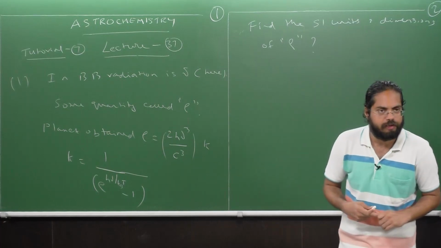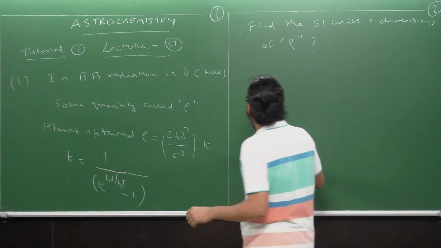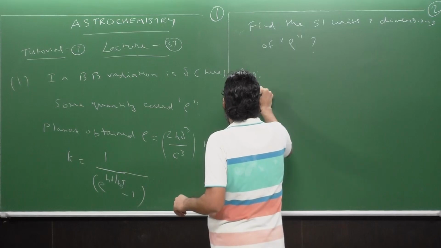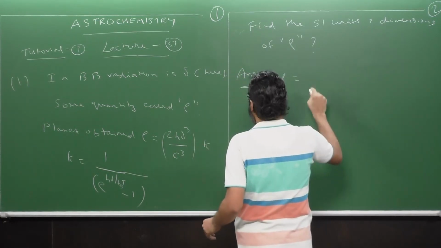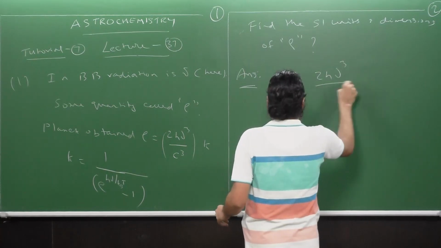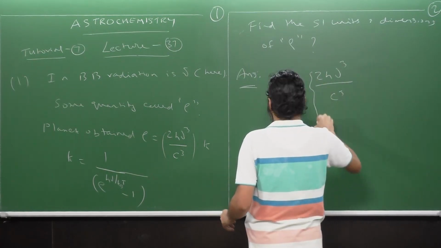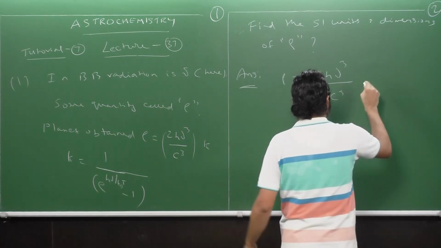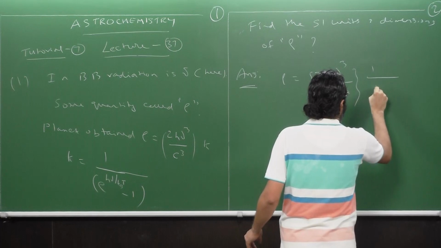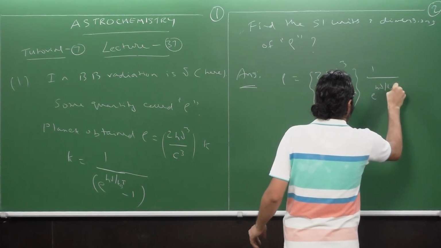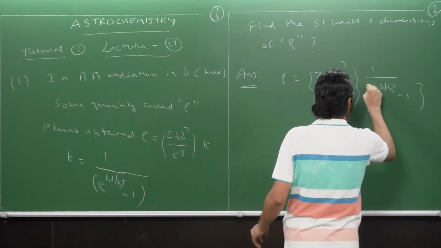All right, the question is clear. Let's start working it out. I will write both the terms together. So your rho is given by 2h nu cube by c cube times k, where k is 1 over e to the power h nu by kBT minus 1.